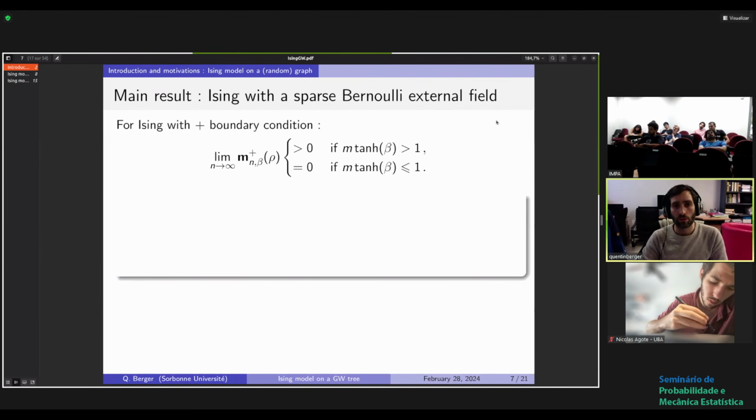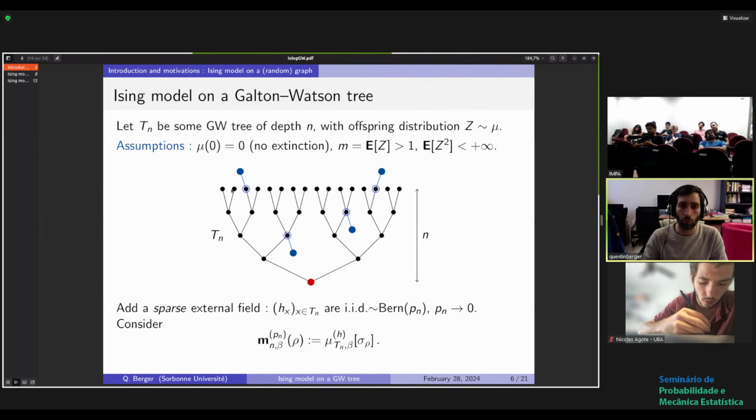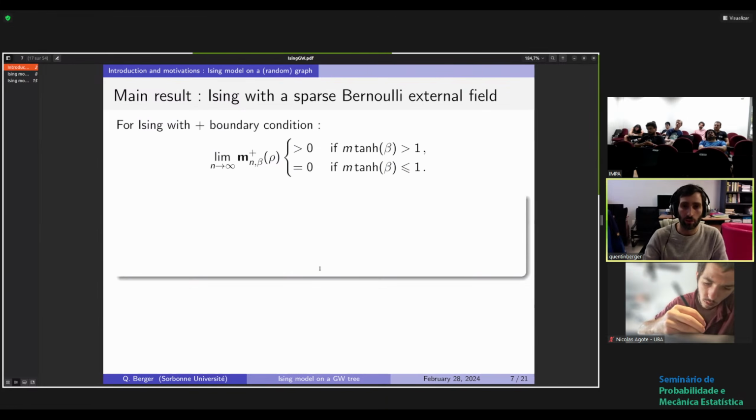And so what is our result? First, I want to recall a result which is known for the Ising model with the plus boundary condition. When you put pluses only on the leaves, so you take this tree and you put pluses everywhere on the leaves, the question is, what is the critical parameter for the Ising model for the root to be magnetized?